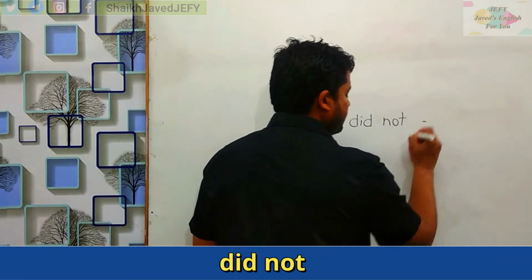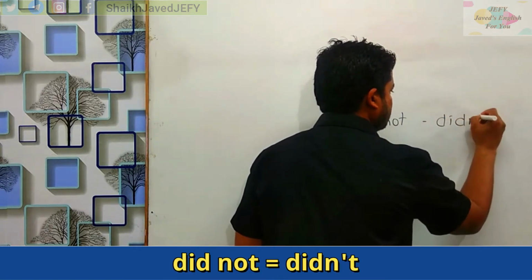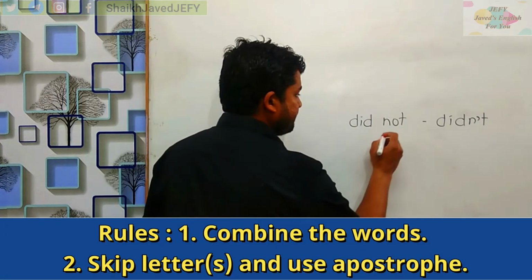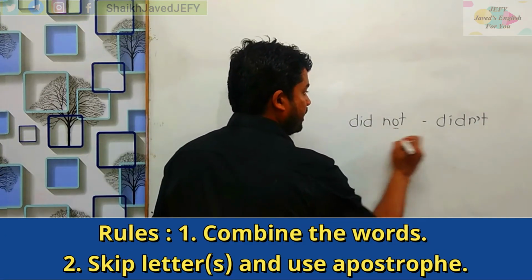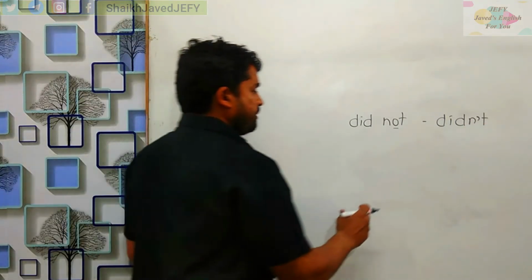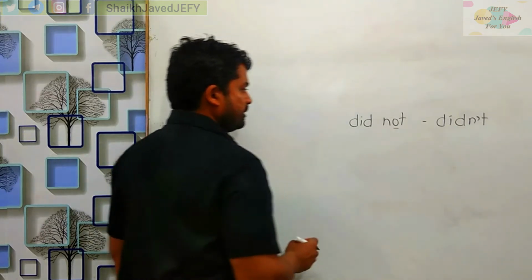If you want to make a contraction, you say "didn't." So you just skipped O and you used an apostrophe.